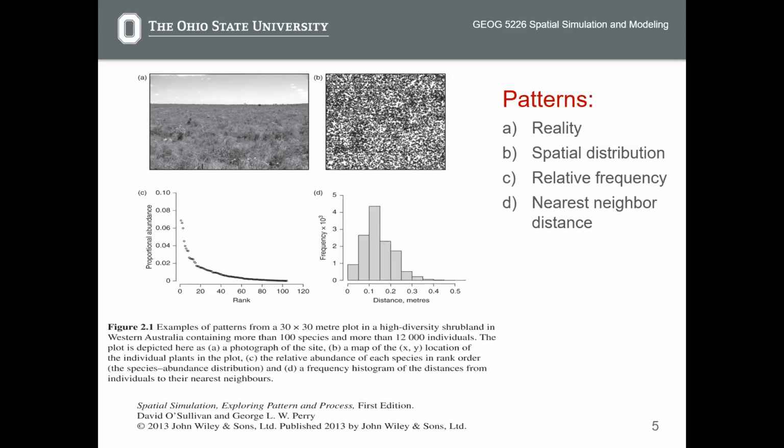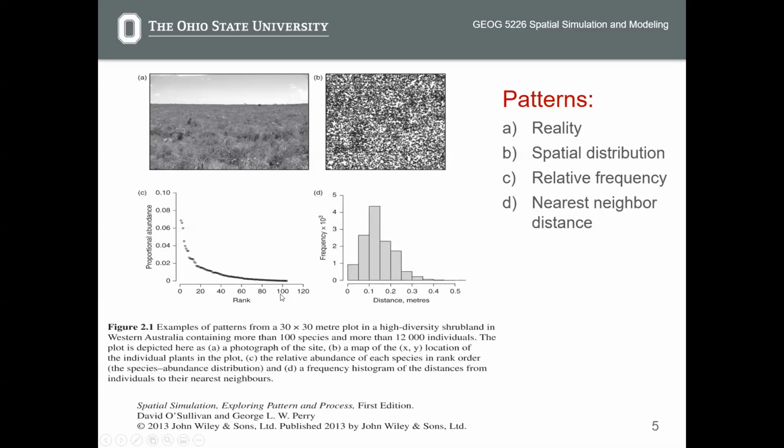For example, species A has 2,000 individuals in this picture, species B has 5,000 individuals. We count the number of individuals for all 100 species and rank them by that number. So there is the first place, the second place, the third place, and the 100th place.